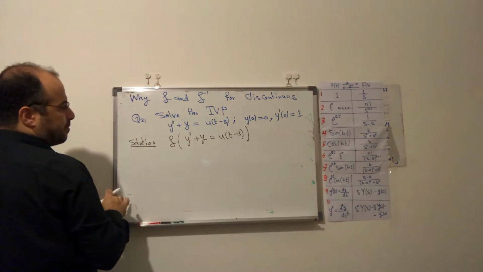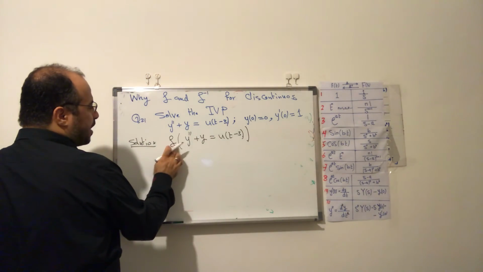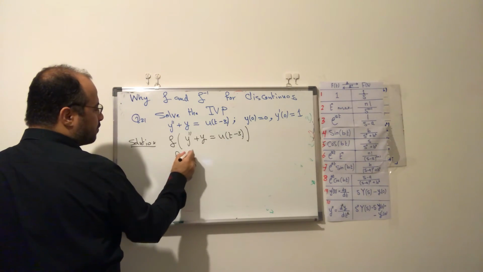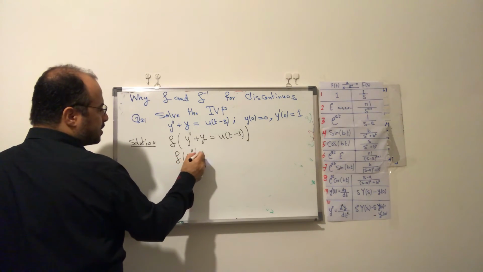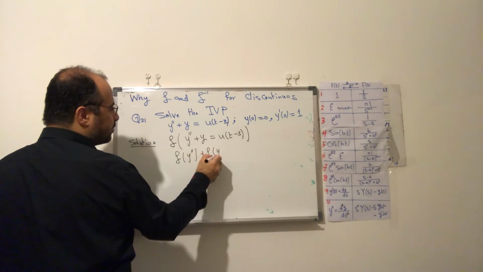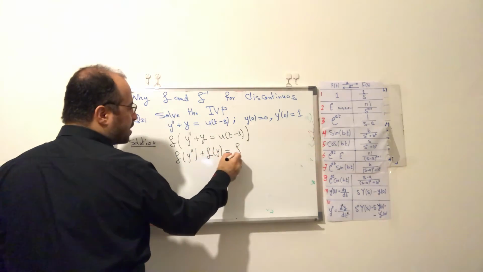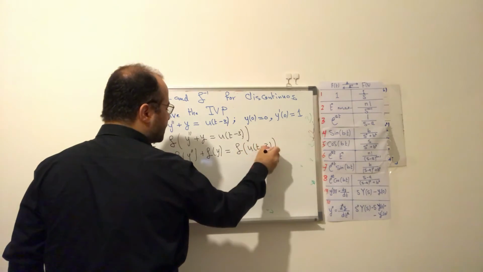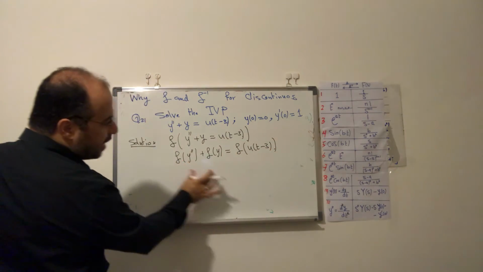This is something that we studied before. Now, the Laplace transform is a linear function. Then you have Laplace transform of y double prime plus Laplace transform of y equal Laplace transform of the shifted Heaviside.